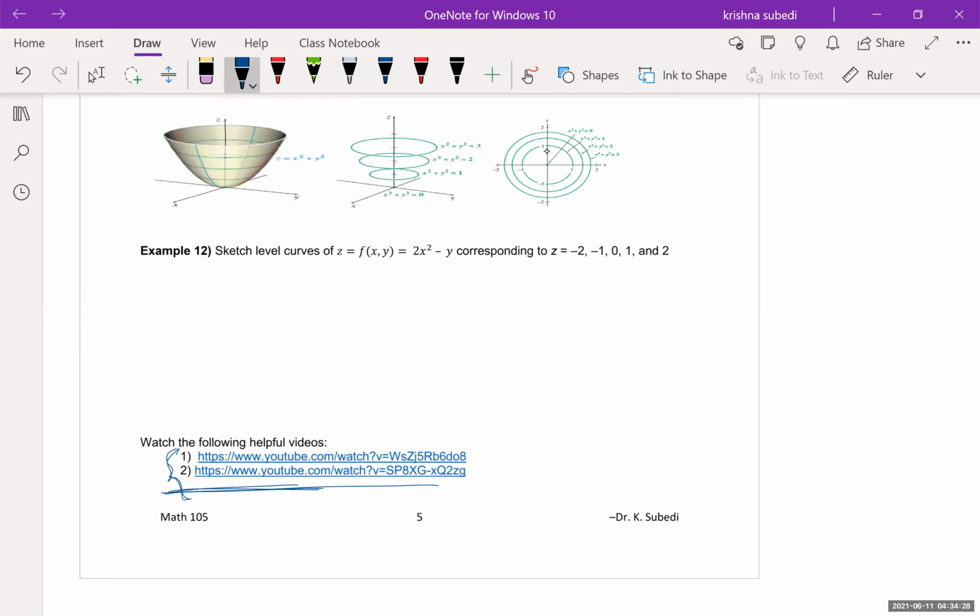Again, the goal of this course is to apply the concept to solve real world problems. So at this moment, we will not do this part, but if we have time, maybe before the final exam, we'll work on the level curves at that time. Right now, I just leave it to you to watch the video and try working on this example too. Okay.